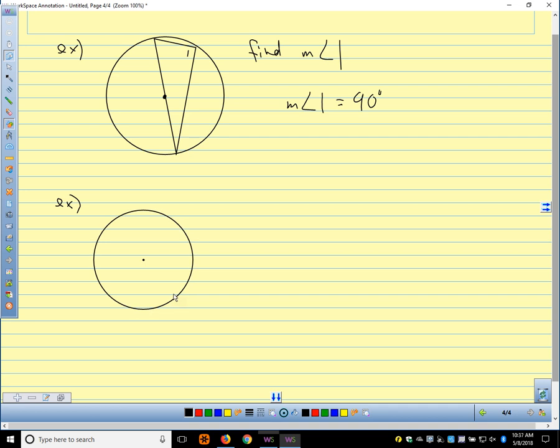Let's look at this one. You'll see lots of pictures like this in this chapter. So I want to undo that. That one doesn't go through the center. There we go. That doesn't go through the center either. There we go.